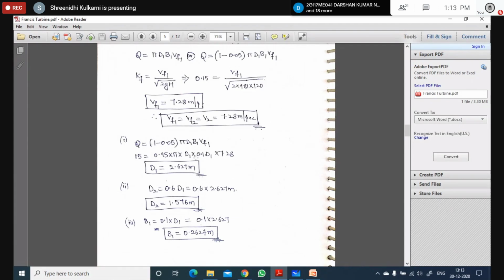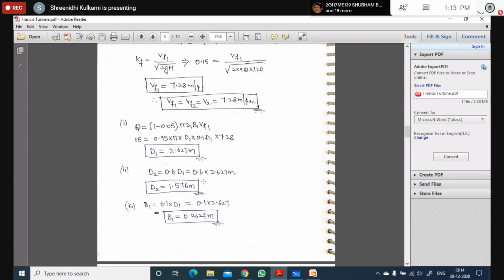So this is the outer diameter and this is the inner diameter. Next we're going to find out width. B1 is 0.1 times corresponding diameter D1. So we'll get B1 is 0.26.